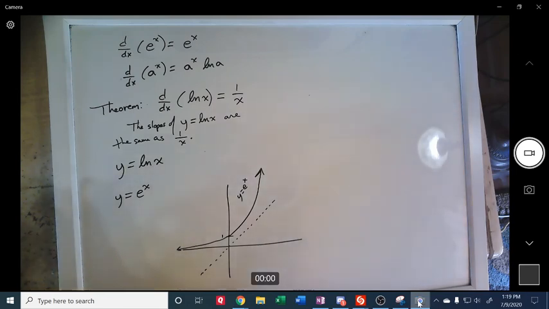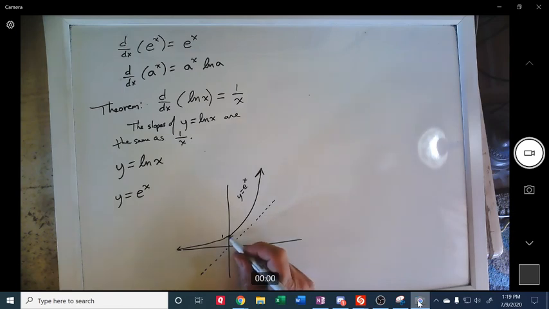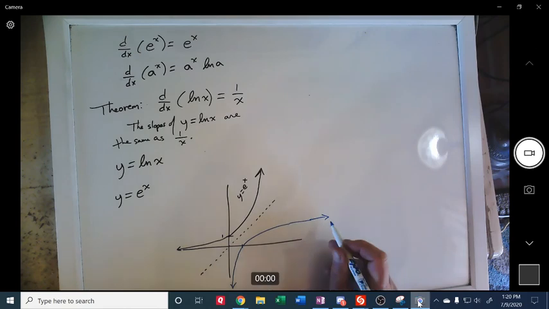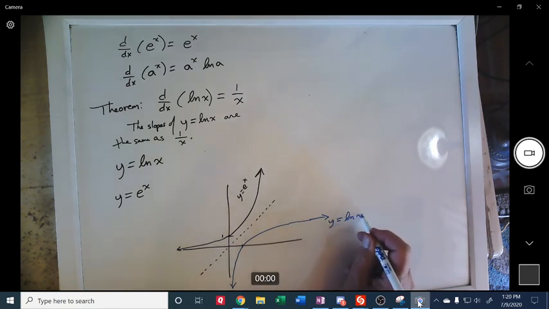So this point right here would reflect, go directly perpendicular to the dotted line, the same distance over, it becomes this image point over here. And you wind up getting this curve here. This is y equals ln x.